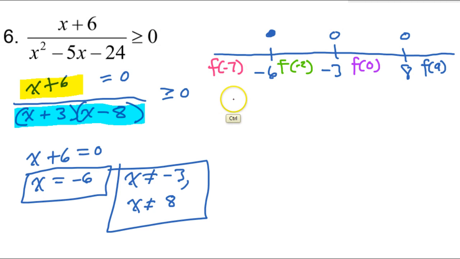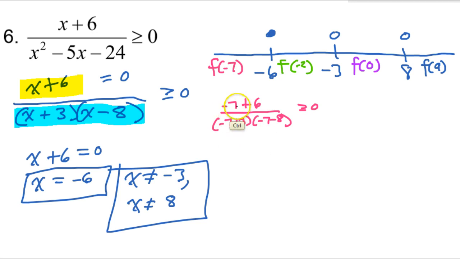Okay, -7. So that's going to be -7 plus 6 over -7 plus 3 times -7 minus 8. And the question is, is that greater than or equal to 0? All that really matters is the signs.